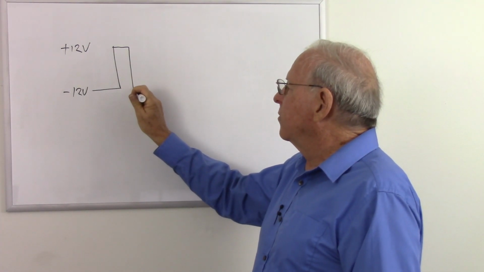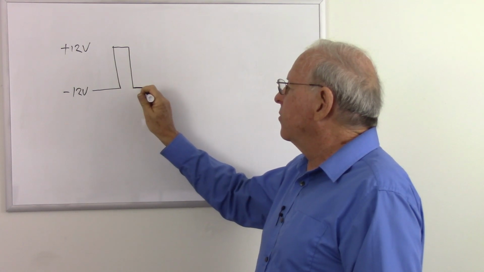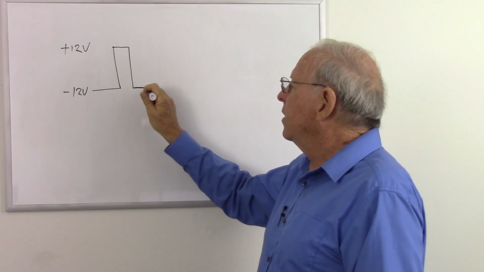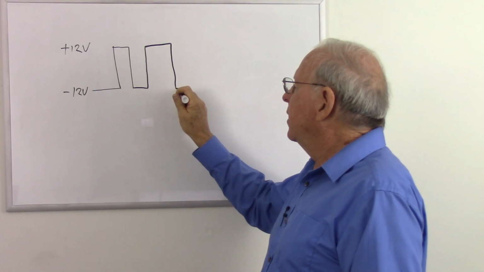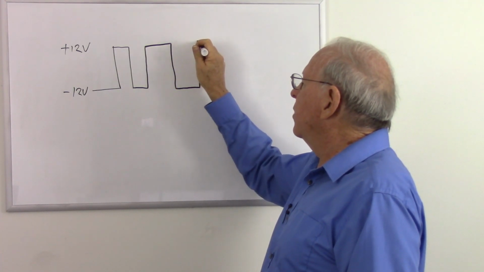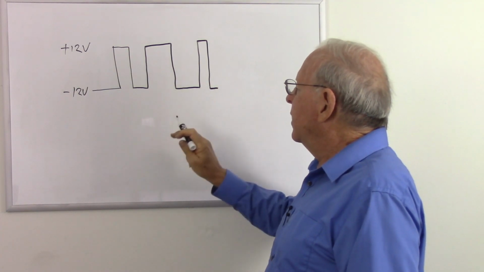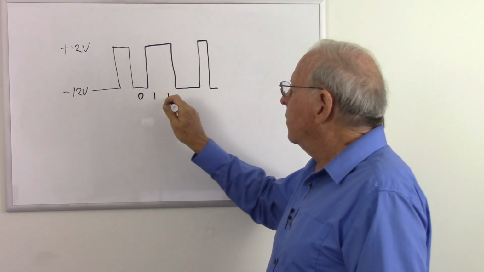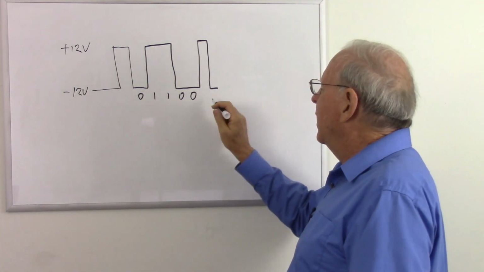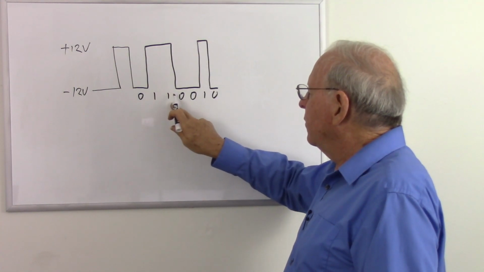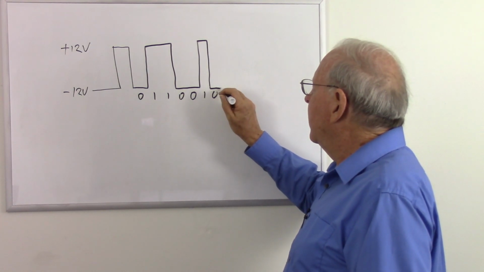And let's say this goes, okay, we've got there, let's say it stays at minus 12, then it goes to plus 12, then back to minus 12, stays at minus 12 for a while, plus 12, minus 12, let's see, 0, 1, 1, 0, 0. I shouldn't be doing these ones and zeros yet, but you'll get the idea. 1, 0, 1, 2, 3, 4, 5, 6, 7, and 0.